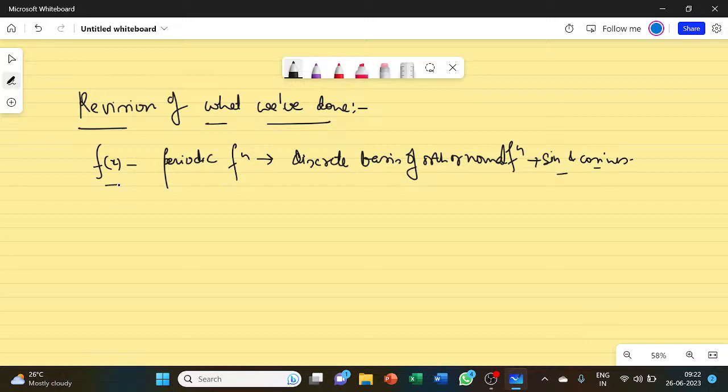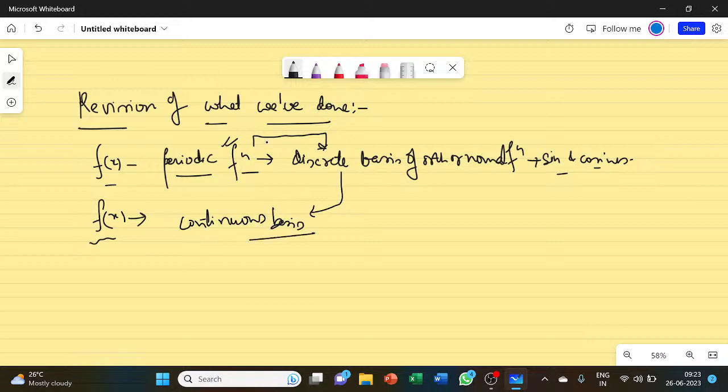But when we have to write a representation for an aperiodic function, or in fact for any other function, instead of a discrete basis, we have a continuous basis.